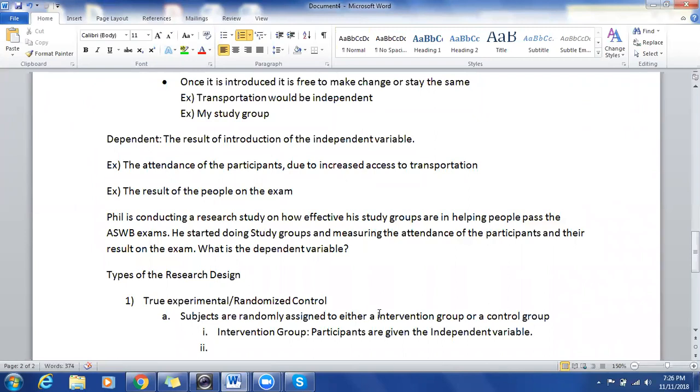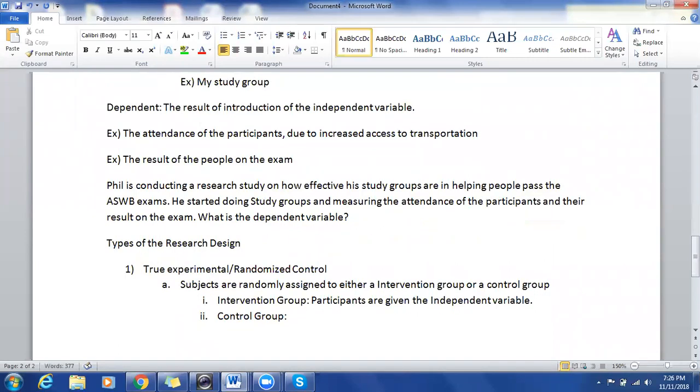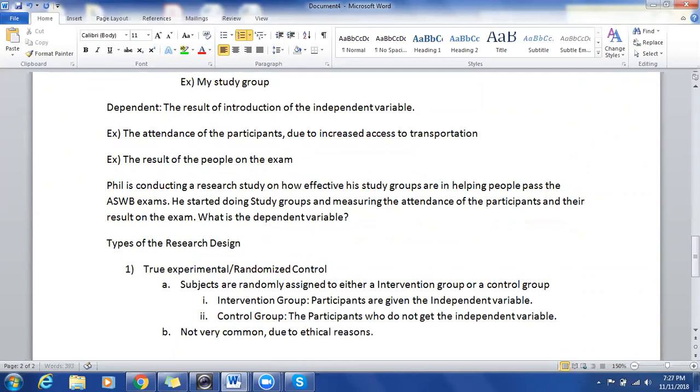I have had people just take the word intervention out and put independent group for it to symbolize independent variable. And then the control group are the participants who do not get the independent variable.